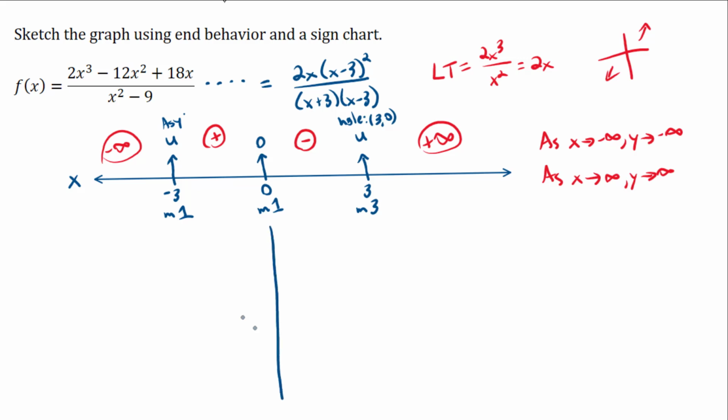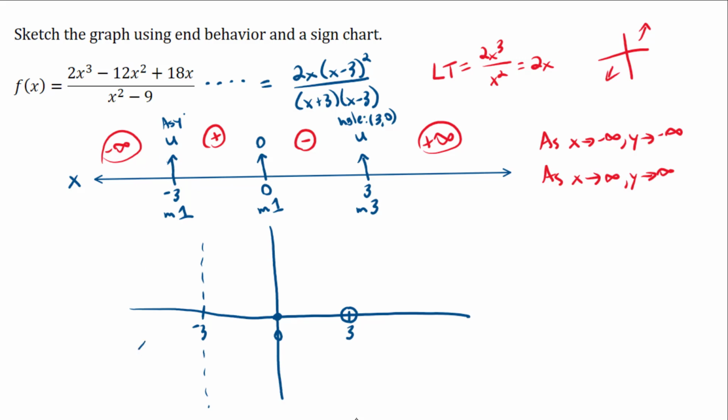So let's look at the graph of this. Negative 3, 0, 3. At negative 3, we have an asymptote at x equals negative 3. At 0, we have an x-intercept, and at positive 3, we have a hole at the ordered pair 3, 0. All right, now we just fill in the behaviors.